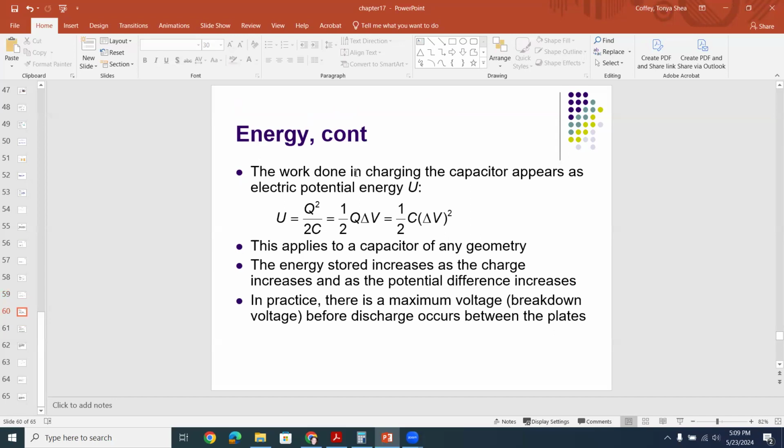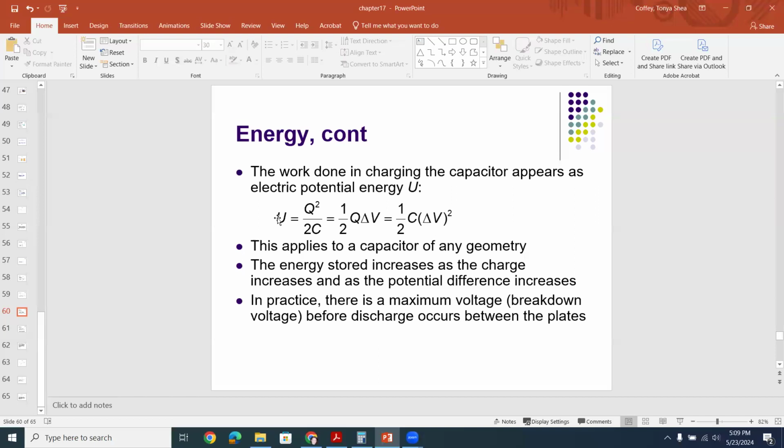Now, the work done in charging the capacitor appears, once the capacitor is fully charged, as the electric potential energy U. The electric potential energy in a capacitor with charge Q on either plate, plus Q on one plate, minus Q on the other, but magnitude Q, with a capacitance C and a voltage between the plates of delta V, you can write as Q squared over 2C, which, using the equation Q equals CV, you can write in other ways as well.